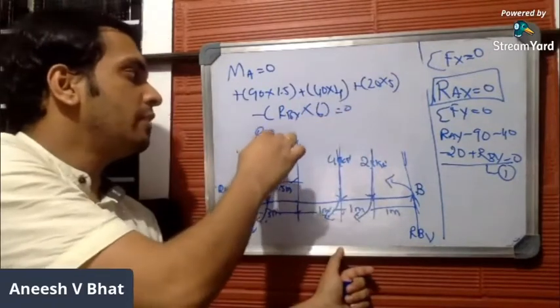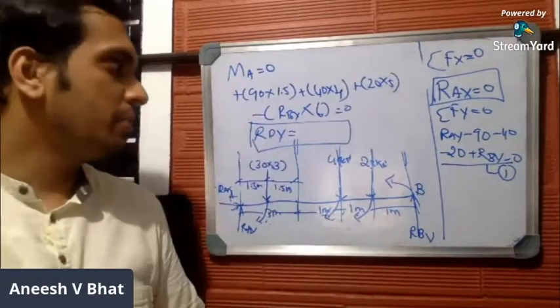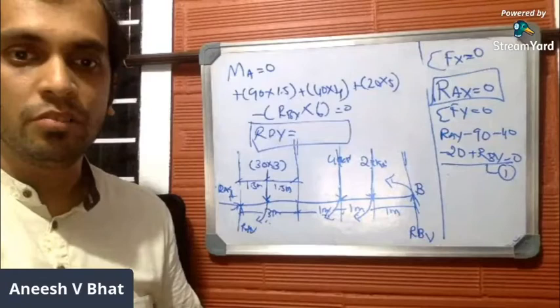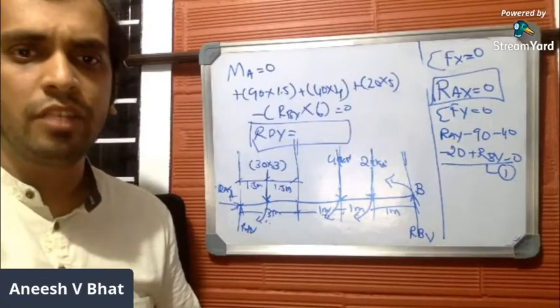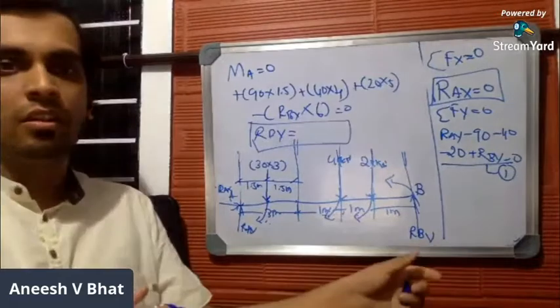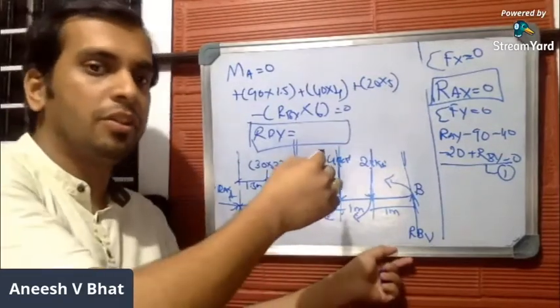So Rby will be the only unknown available here. So you get the reaction at B, Rby. Once you simplify this, you'll get the value of Rby as 65.83 kilonewton.